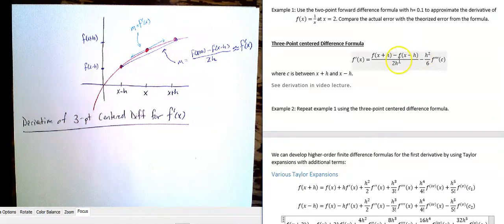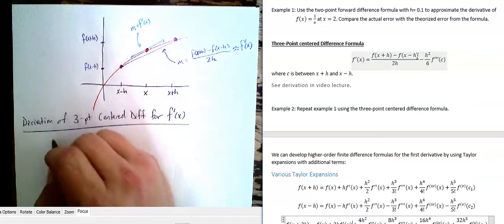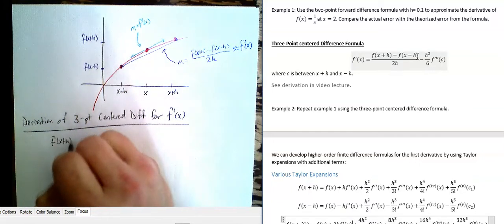So if we take a look here, we're going to need two things this time. We're going to have our f of x plus h. We're also going to have f of x minus h expanded using Taylor's formula, which is not too bad to do. So let's consider f of x plus h. We've already seen that once.